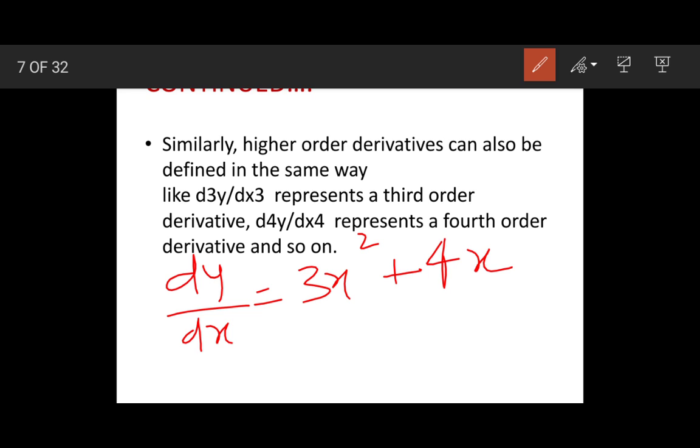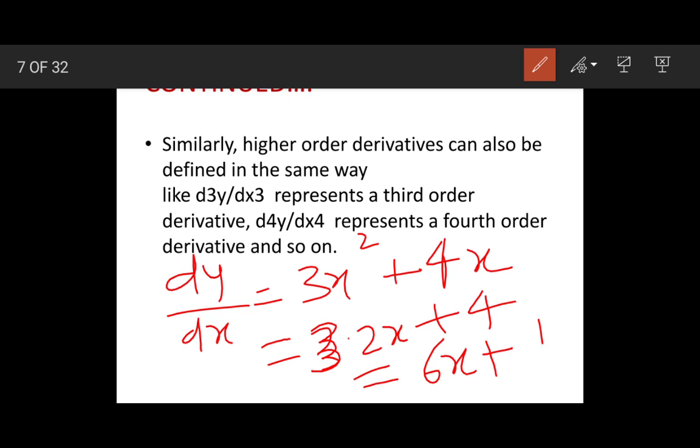Okay, now again I am going to differentiate this derivative. So what will I get? I will get 3 into 2x plus 4, right? That is equal to 6x plus 4.